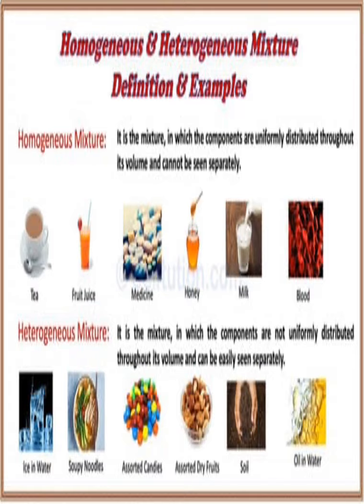You cannot identify the different kind of mixture that is being added into a homogeneous mixture, while heterogeneous mixture is one in which the components are not uniformly distributed throughout the volume and can be easily seen separately.